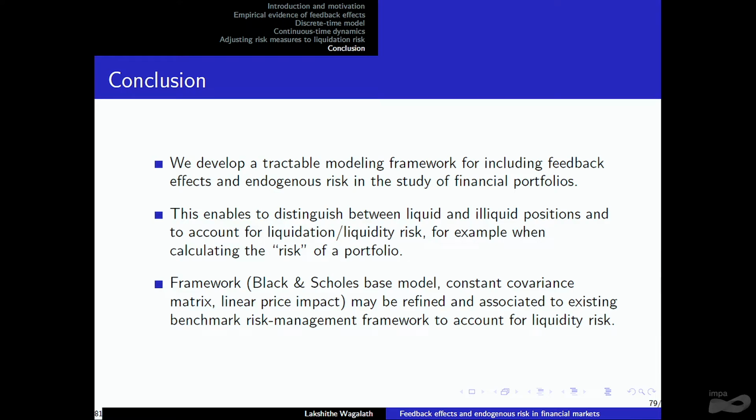Very often people invest in securities without having a proper modeling for the liquidity or the liquidation issues that would arise due to those aspects, right?